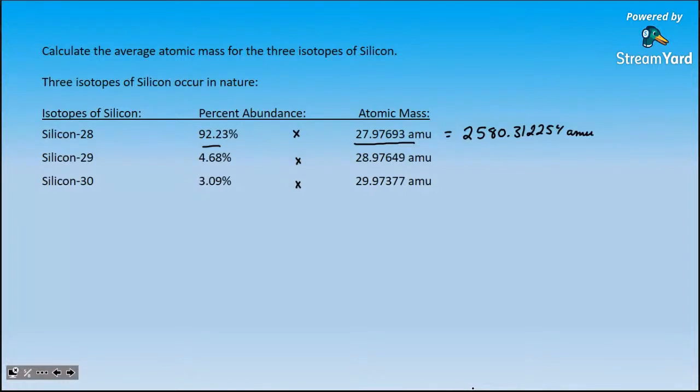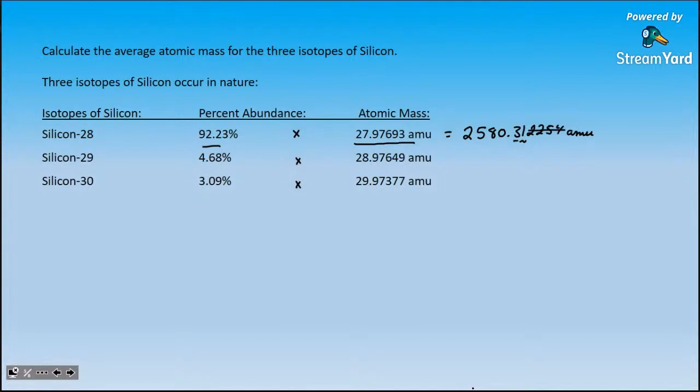Now, other textbooks will tell you to go on and round to 2 decimal places for each one of these calculations, and that's perfectly fine. So we technically don't have to write that 2254 at the tail end.